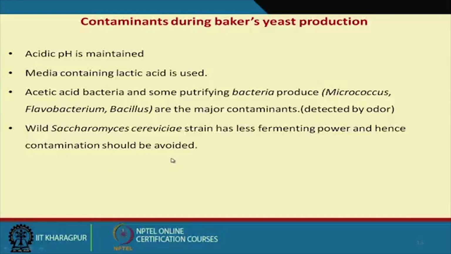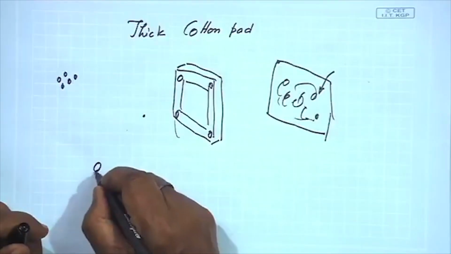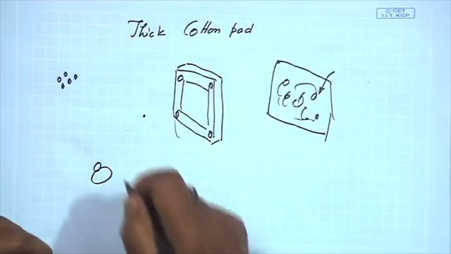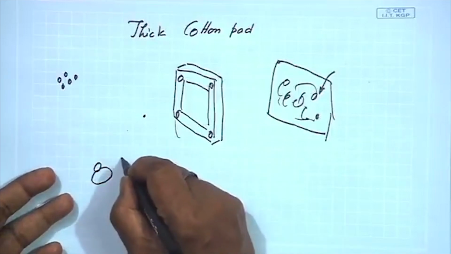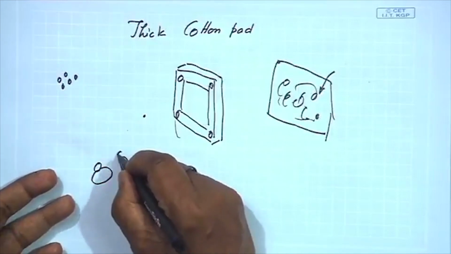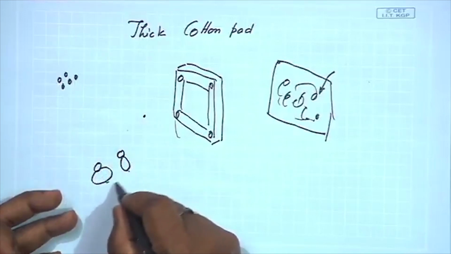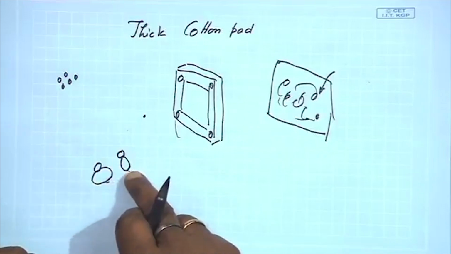I showed you before that you can find this out in the microscope very easily. Suppose your industrial microorganism has a morphology like this. When you observe under the microscope, if you find other yeast cells that look different, you can visually differentiate that this yeast is different from that yeast.